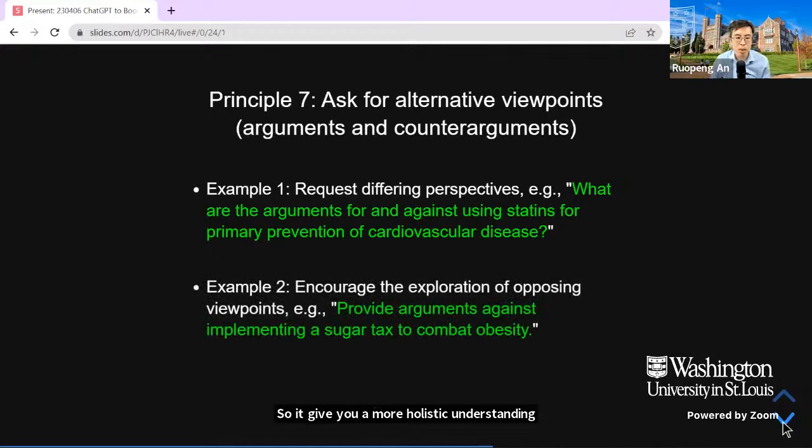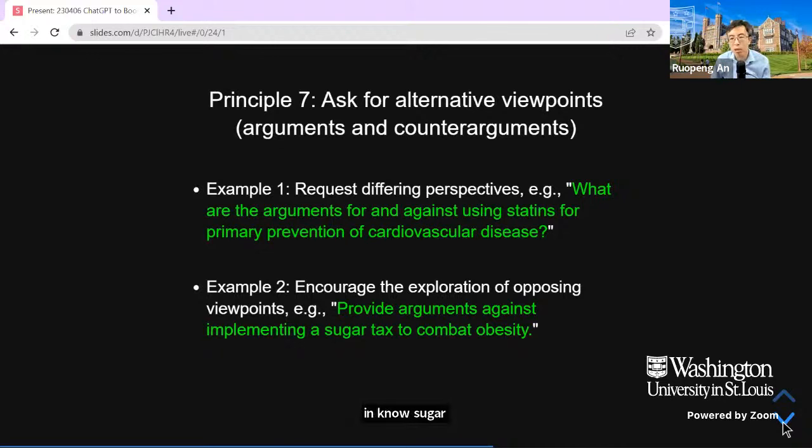Another example could be encouraging exploration of opposing viewpoints, maybe using a prompt: provide arguments against implementing a sugar tax to combat obesity. Because remember, we are all very much passionate about what we believe to be socially beneficial, for example, sugar sweetened beverage tax.